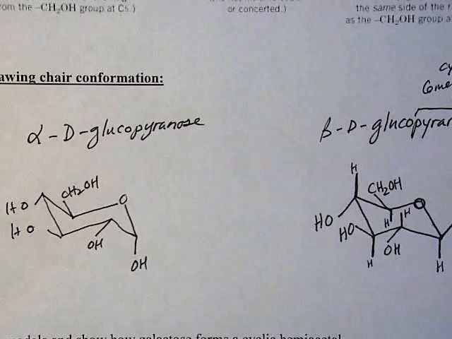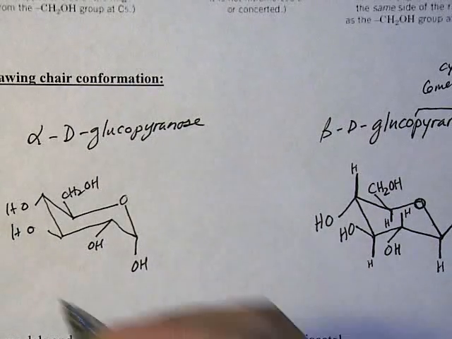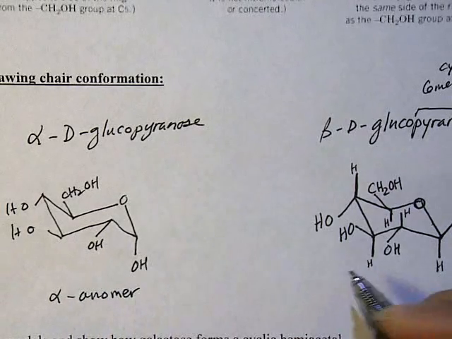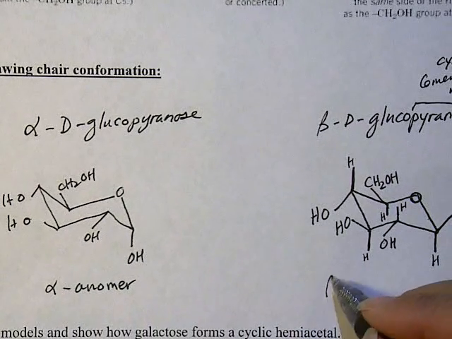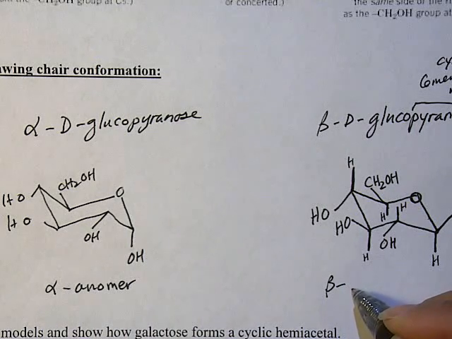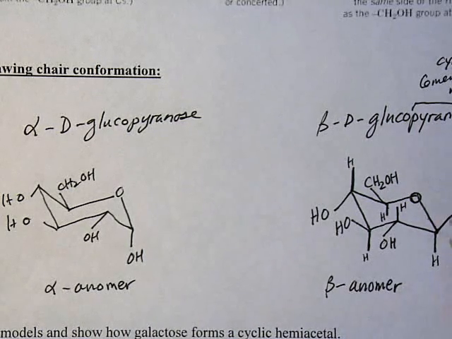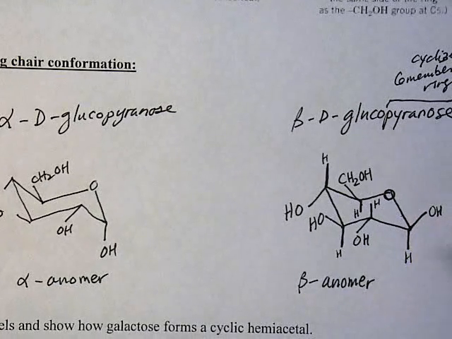And that would be the alpha D-glucopyranose. A lot of times this would be called the alpha anomer, and it would be a diastereomer of the beta anomer. Because the only difference is at C1, the OH is up or down, the relationship of alpha D-glucopyranose and beta D-glucopyranose is that they're diastereomers.